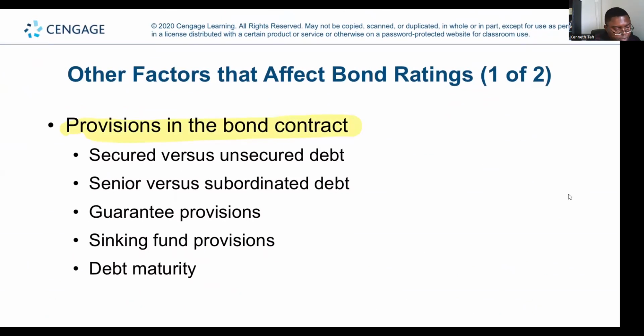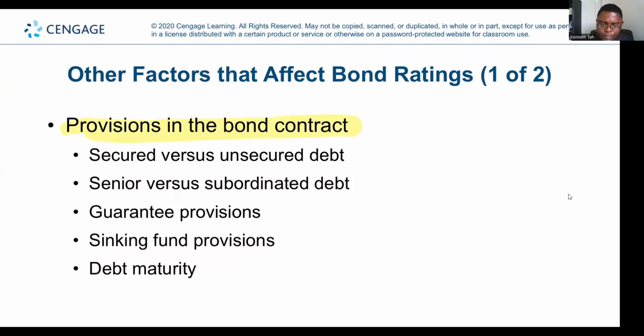If it is secured debt, the company generally pledges a particular asset that may be claimed by the secured debt holder in the event of default. So we expect that secured debt will tend to have a higher rating than unsecured debt.